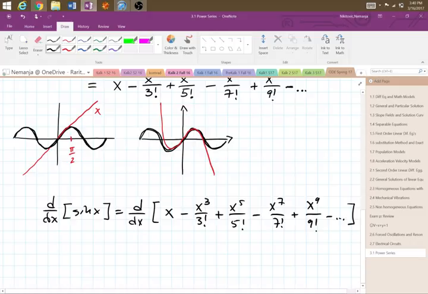And we know how to take this derivative. The derivative of x is 1. So take these derivatives.